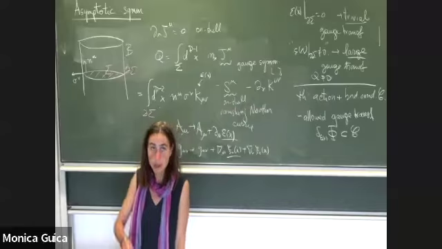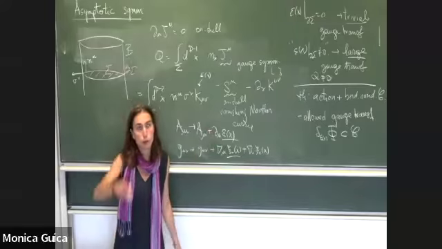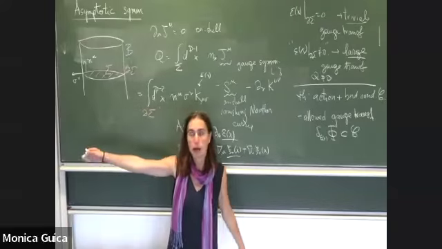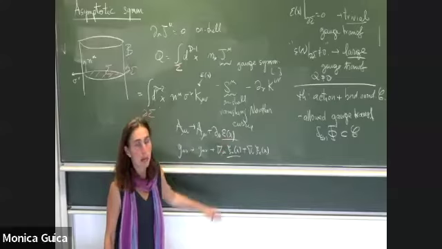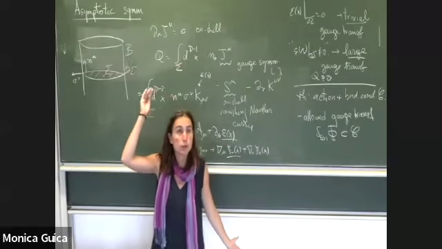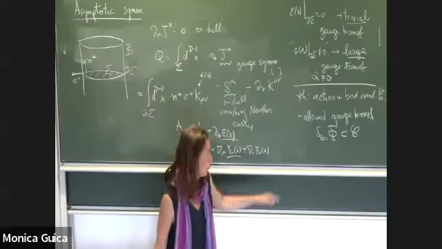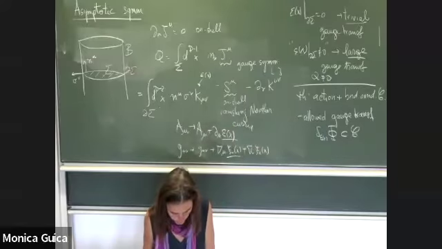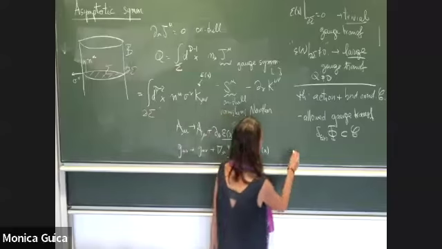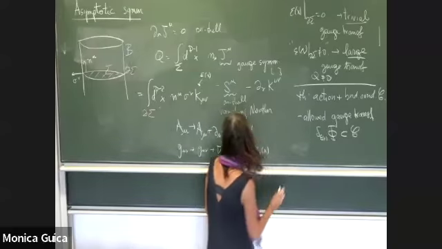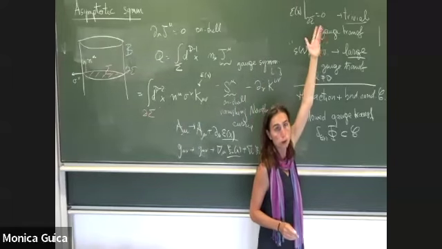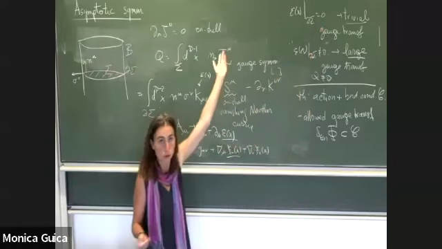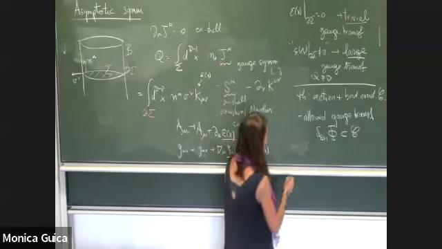If your gauge field is supposed to fall off like, I don't know, 1 over r asymptotically, you're not going to allow for gauge parameters that blow up as r to the 15, because that's going to destroy the boundary condition. So this is allowed, and then trivial. Well, trivial, I defined it over here. They're the guys who fall off so fast that they never contribute to any sort of physical observable.